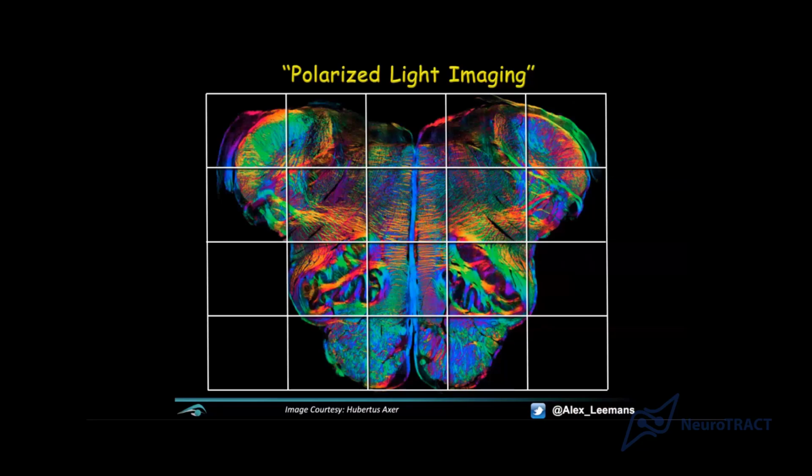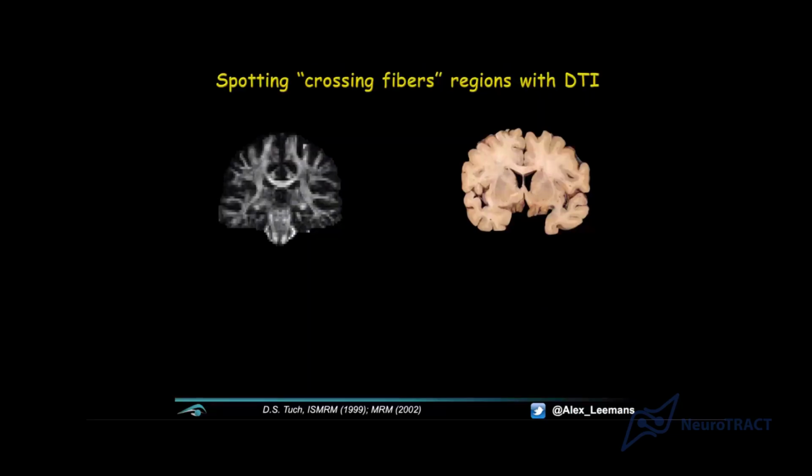And then we would be looking at the micrometer, literally 1 micrometer or even less resolution. So having said that, we would need to resort not just to higher resolution, we also have to think of other models. And these models will become important to disentangle these crossing fiber regions.